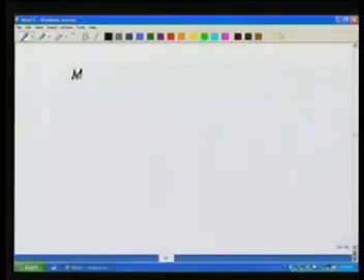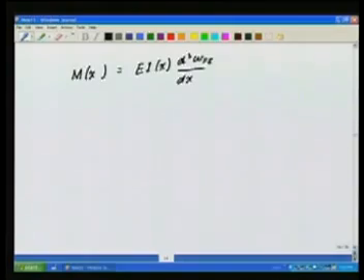Similarly, if I say that, then M of x is equal to EI times d2 w_FE by dx squared, which is very good at 2 points in the element, and these 2 points correspond, in the master element, to psi equal to plus or minus 1 by root 3.